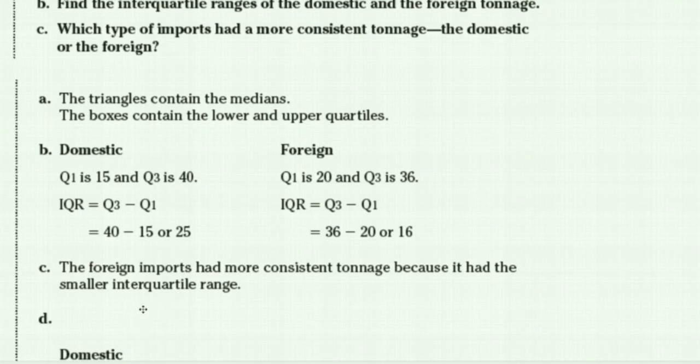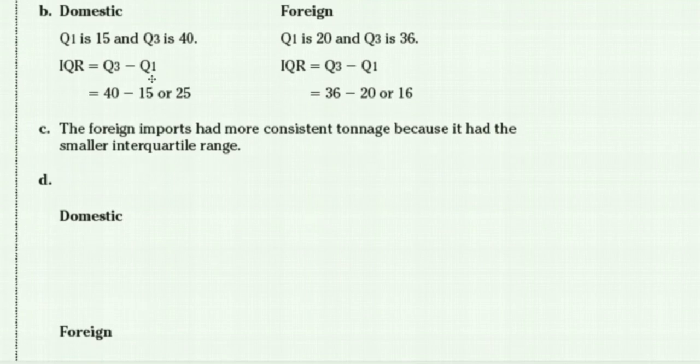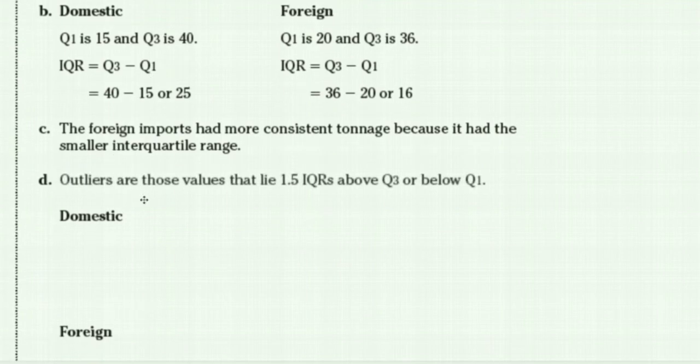And finally letter D, let's find our outliers. Outliers are those values that lie 1.5 IQRs above the Q3 or below the Q1.